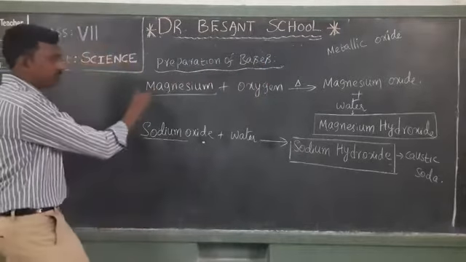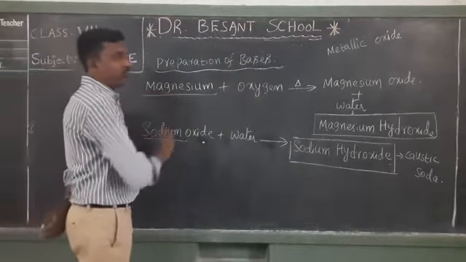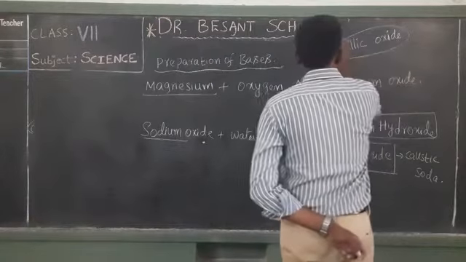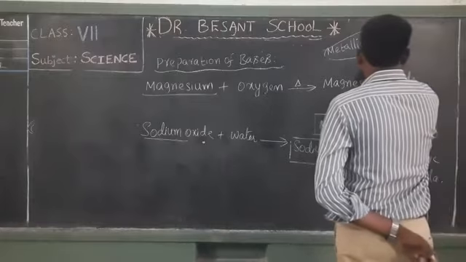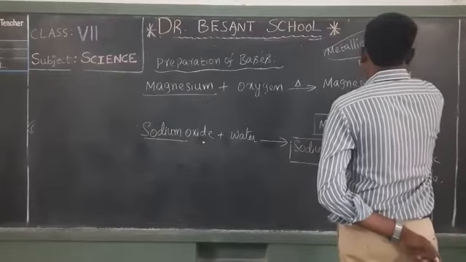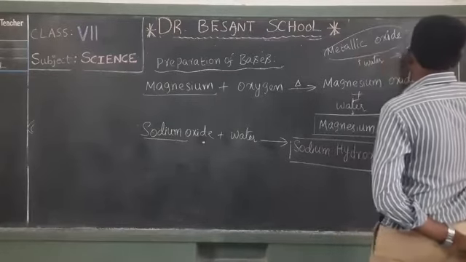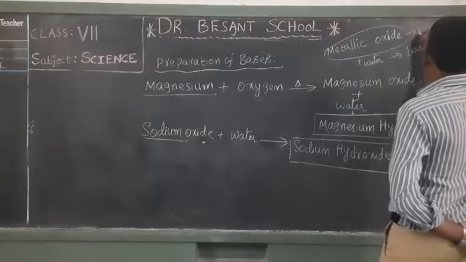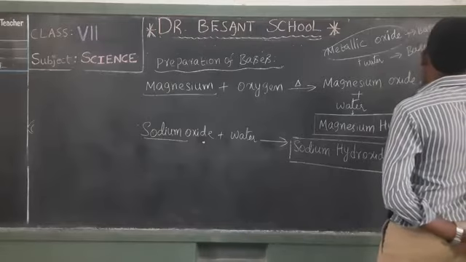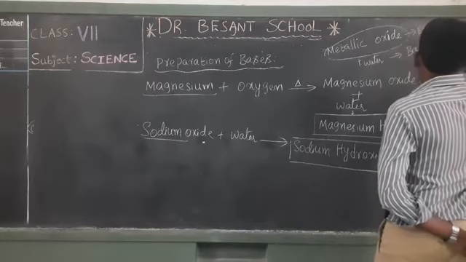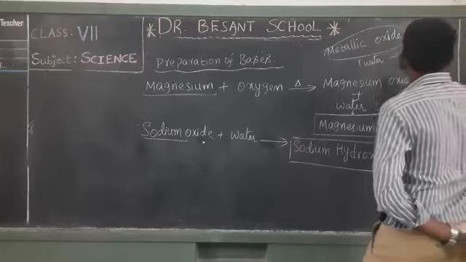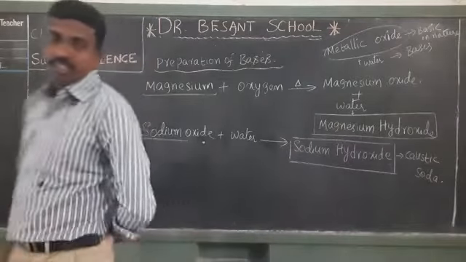Okay, my dear students. By treating metals with oxygen, we obtained metallic oxides, and when these are dissolved in water, we get bases. That's why metallic oxides are basic in nature.